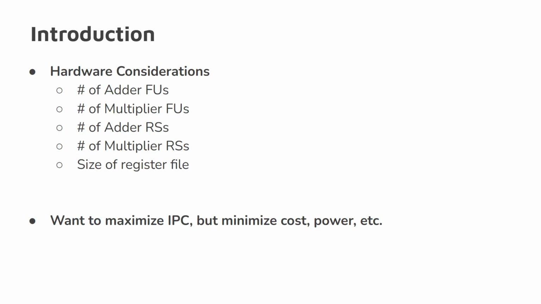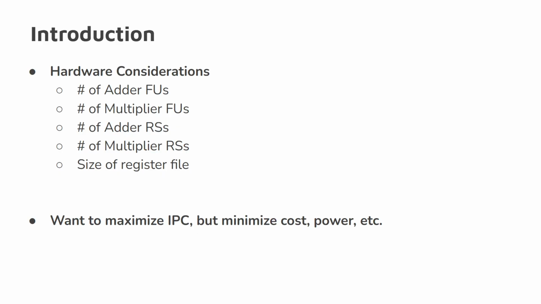You need a certain amount of reservation stations for the adders and the multipliers. And in general, you also need to consider the size of the register file. These are all the primary important considerations for the working of this algorithm.